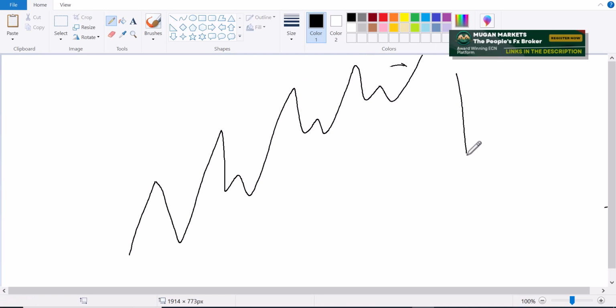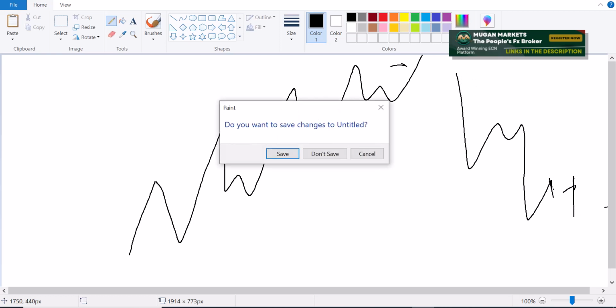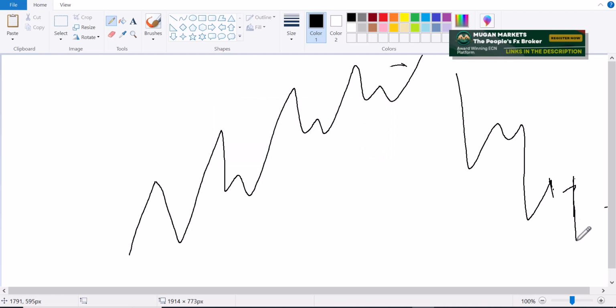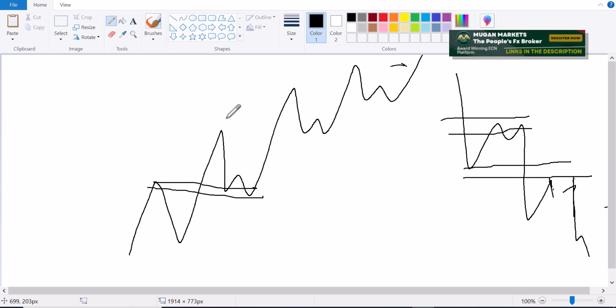Then if you are going down, we want an M, and we want it at this zone, right? So we want this W inside this zone and this M inside this zone, right? So we draw our zones like that and we will see how it goes.